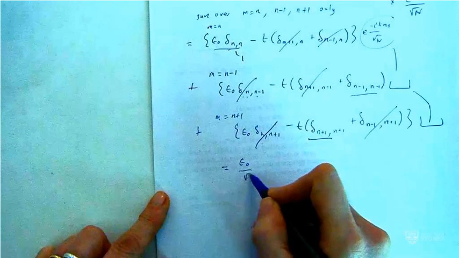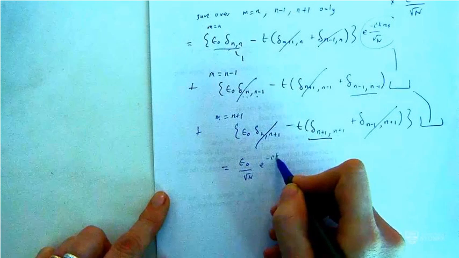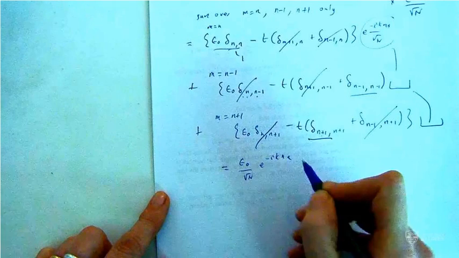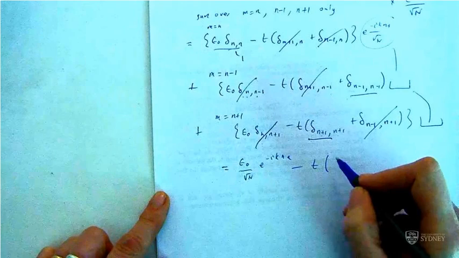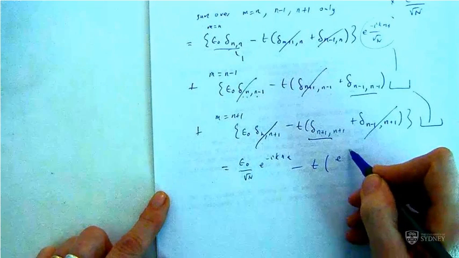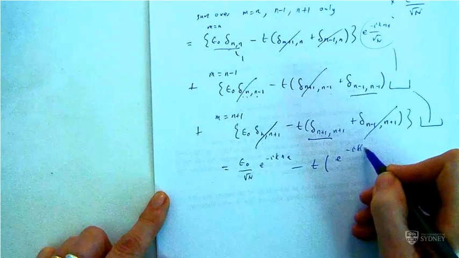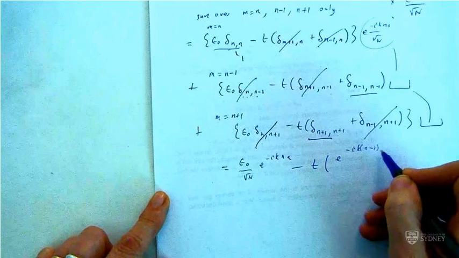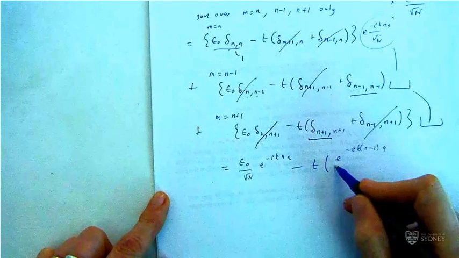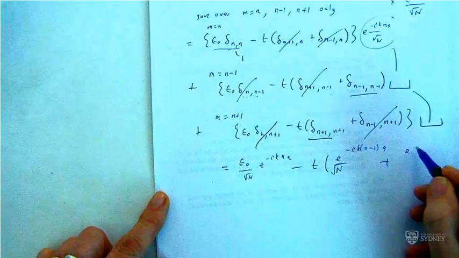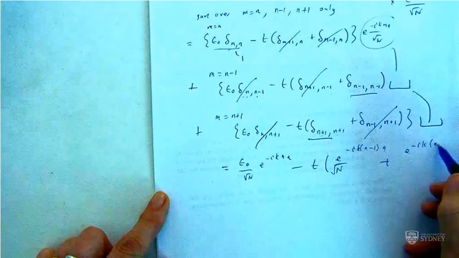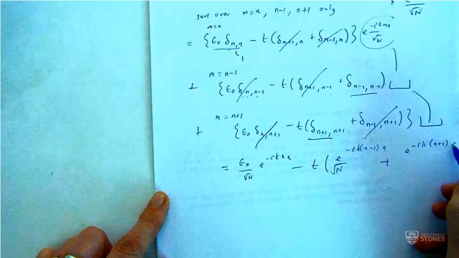So then we can easily gather up our terms: e to the minus i k n a minus t, e to the minus i k n minus 1 a over square root of n, plus e to the minus i k n plus 1 a over square root of n.